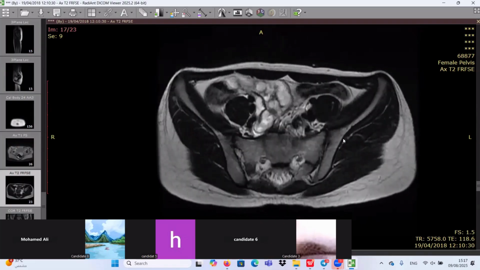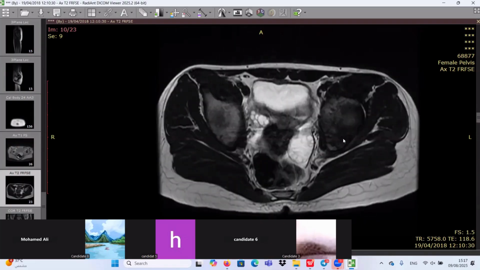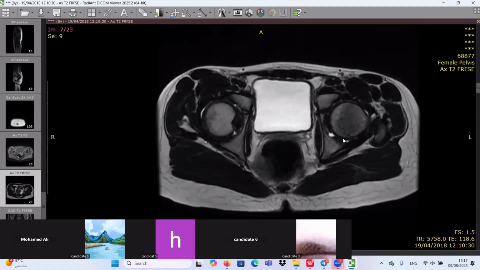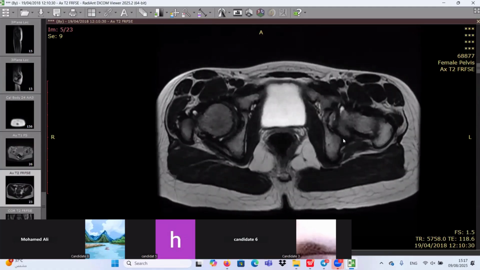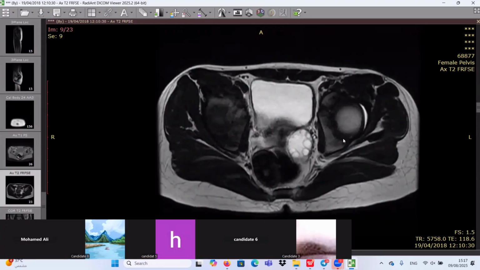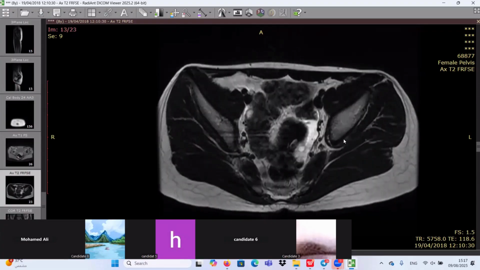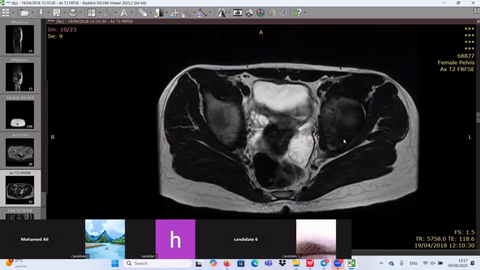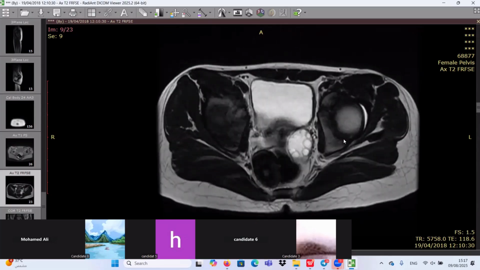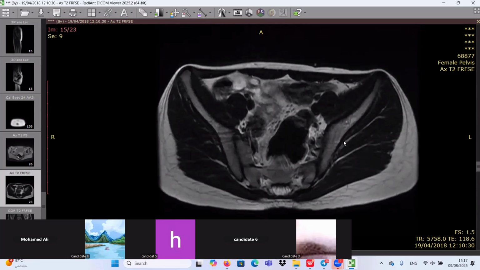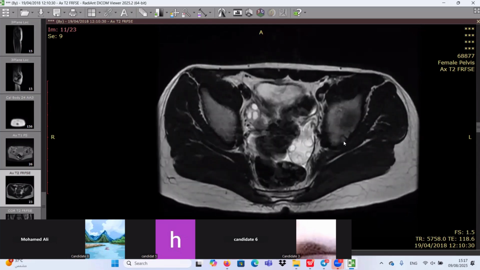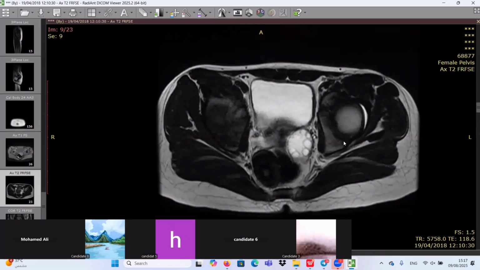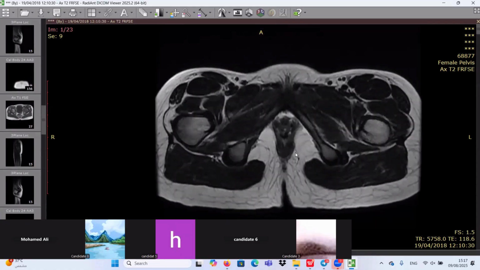Sir. Okay. Yes, sir. These are the axial T2 weighted MR images of a 10 years old female patient, in which I can appreciate that there is a bulky left ovary. There are multiple follicles seen within the ovary which are peripherally displaced, and the stroma is seen centrally, while the contralateral ovary is visualized with the normal location of the follicles.